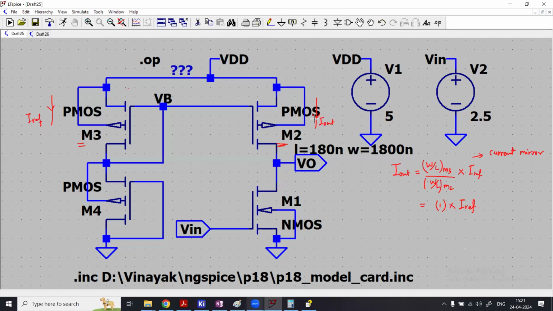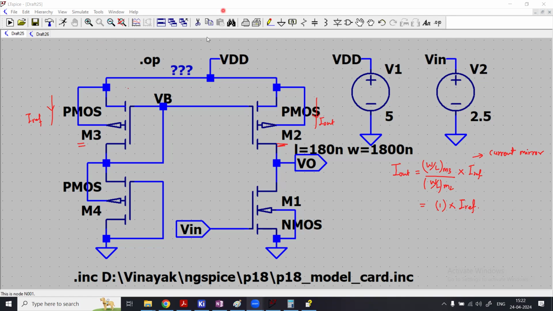We are going to use that advanced and latest technology model because it will have the closest behavior of the devices we are using, that is PMOS and NMOS, and therefore our circuit simulation is likely to be accurate when we actually fabricate such a circuit in the real world.